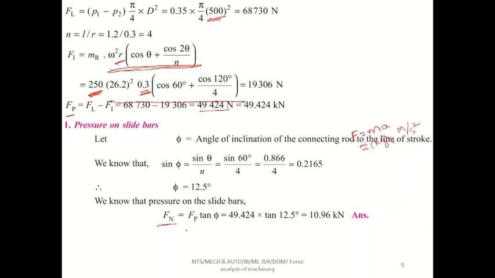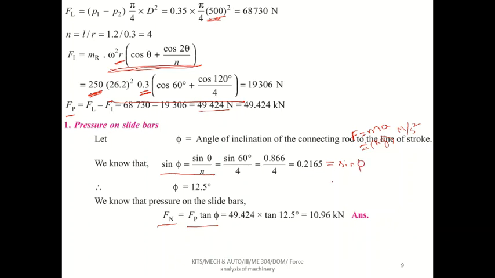For FN, the formula is FP into tan phi. We know theta, but here they are given phi. To find out the phi value, we know the formula sin phi equal to sin theta divided by n. So sin 60 divided by 4 gives 0.2165 as the sin phi answer.